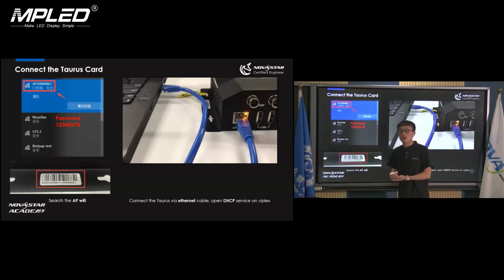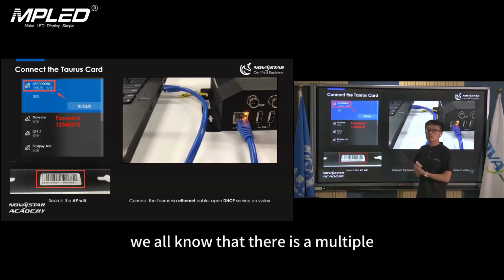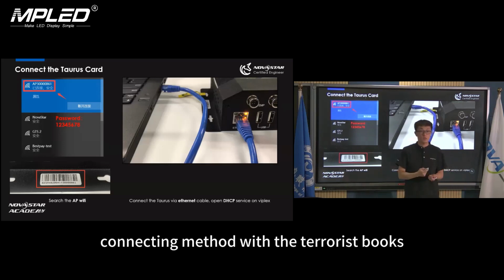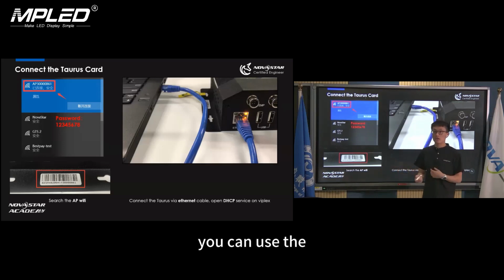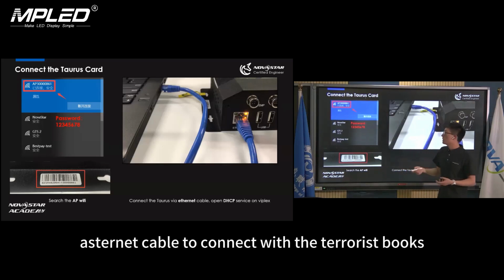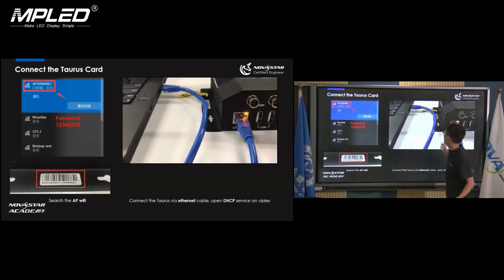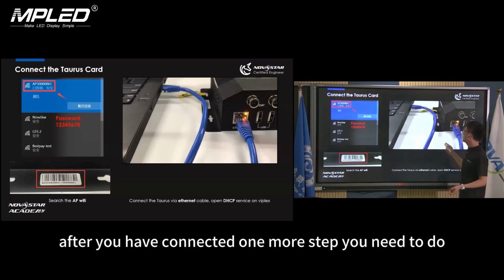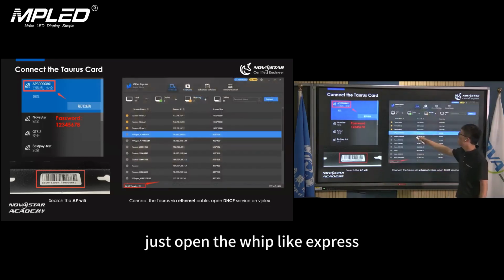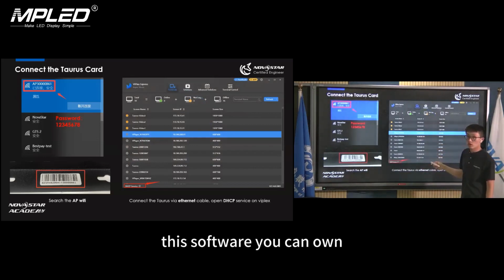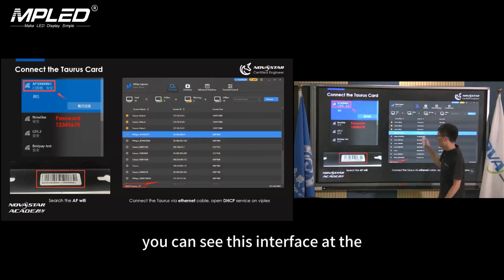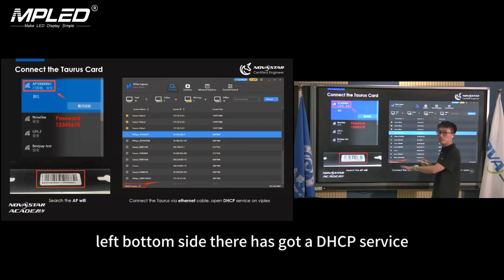We all know that there are multiple connecting methods with the Taurus box. Another one: you can use an Ethernet cable to connect with the Taurus box, as this picture shows. After you have connected, there is one more step you need to do. Just open the Vplex Express software. You can see this interface at the left bottom side.